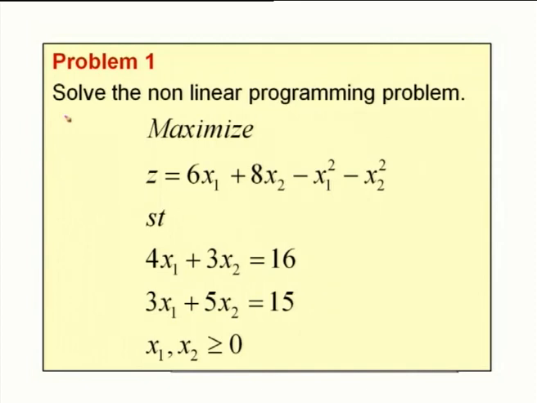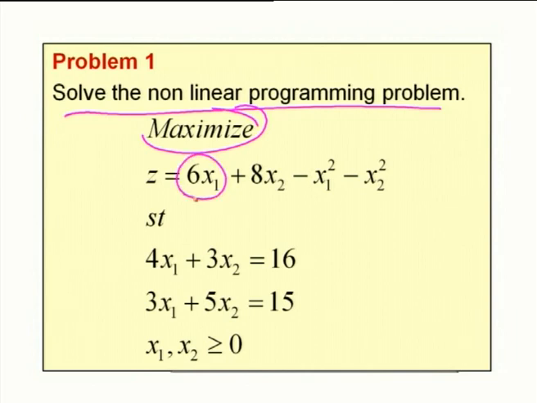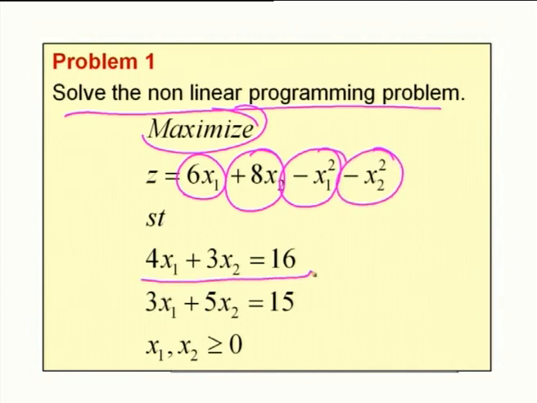Now, the first problem is: solve the nonlinear programming problem, maximizing z equal to 6x1 plus 8x2 minus x1 squared minus x2 squared, subject to the constraints 4x1 plus 3x2 equal to 16, and the second constraint 3x1 plus 5x2 equal to 15, x1, x2 greater than or equal to 0.